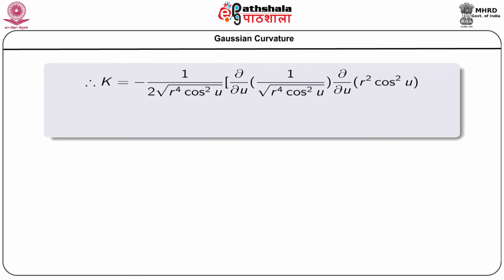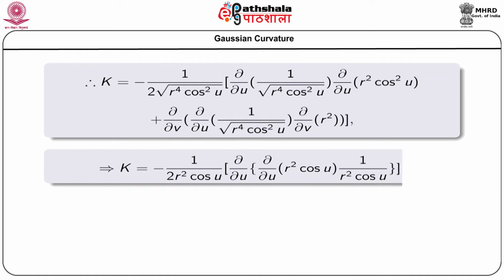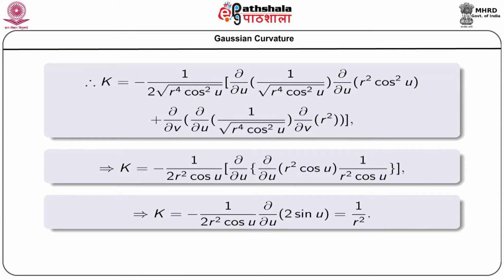So, if we put the values in the formula of that K, we are getting this form. Now, if we just calculate the partial derivatives and put the values, we are getting this one, and after simplifying we get the value of K equals 1 by r square.